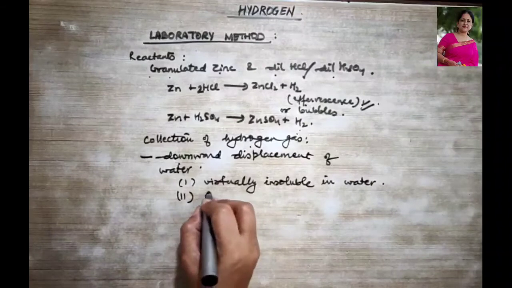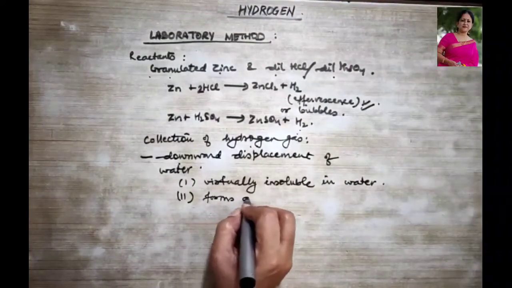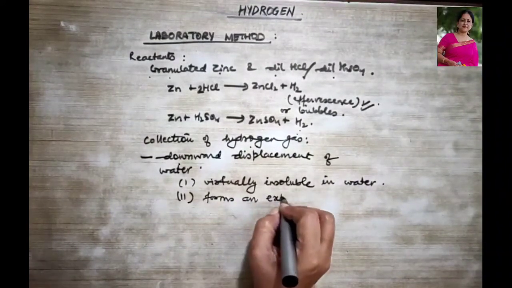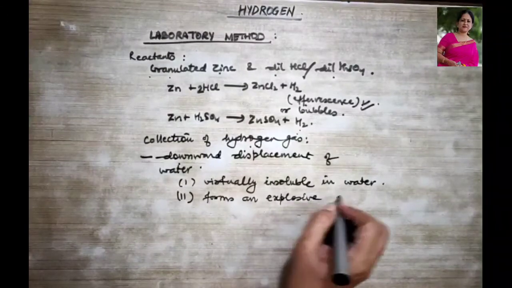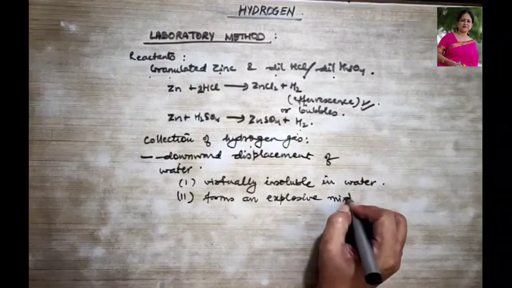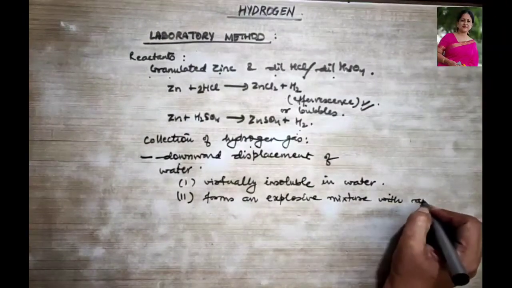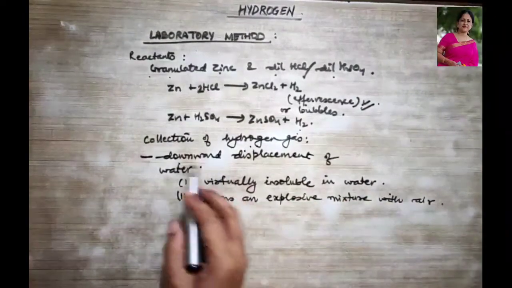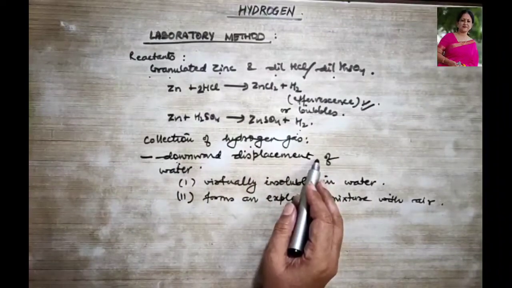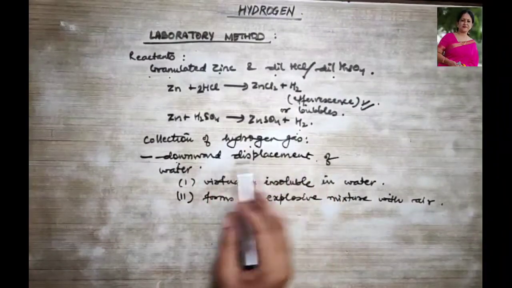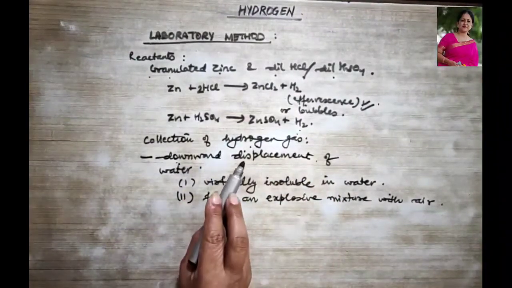Okay, so we can say it forms an explosive mixture with air. So due to these two reasons, we say that we obtain or we collect hydrogen gas by the downward displacement of water.